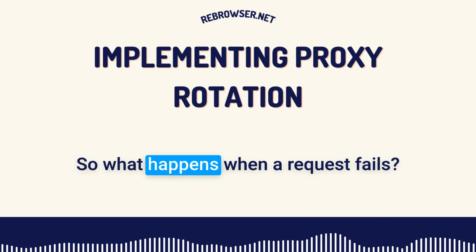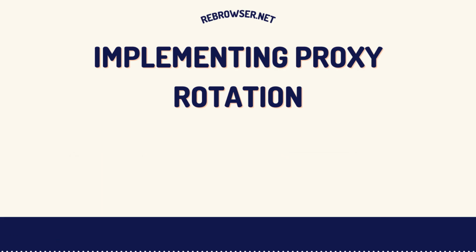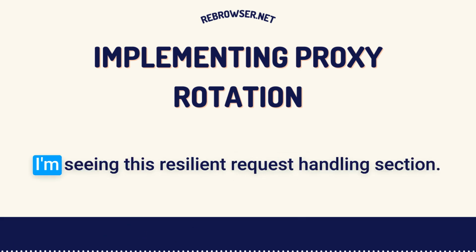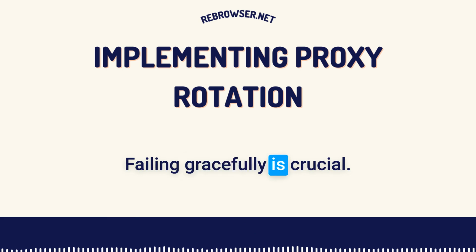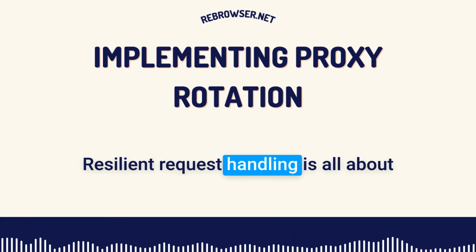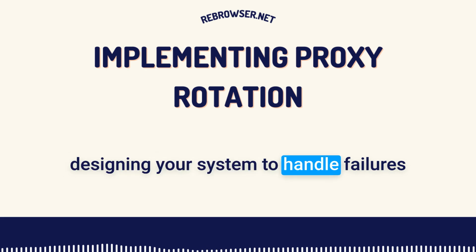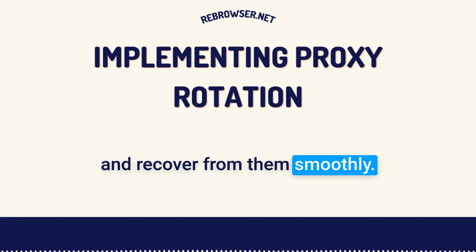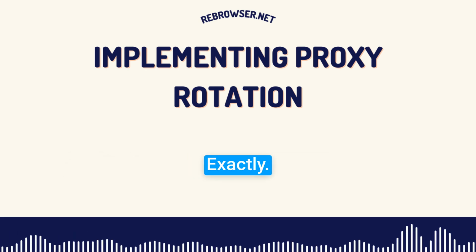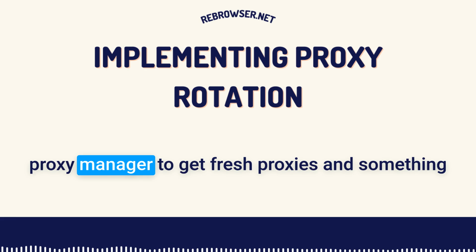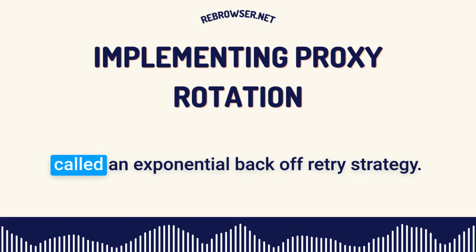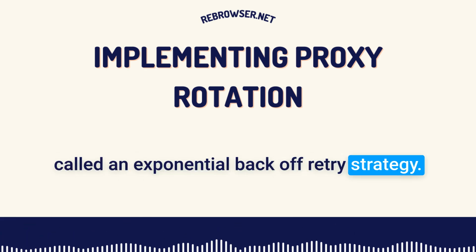So what happens when a request fails? You can't just give up, right? I'm seeing this resilient request handling section. Failing gracefully is crucial. Resilient request handling is all about designing your system to handle failures and recover from them smoothly. So it's like having a backup plan. Exactly. The Resilient Requester class in the guide uses a proxy manager to get fresh proxies and something called an exponential backoff retry strategy.